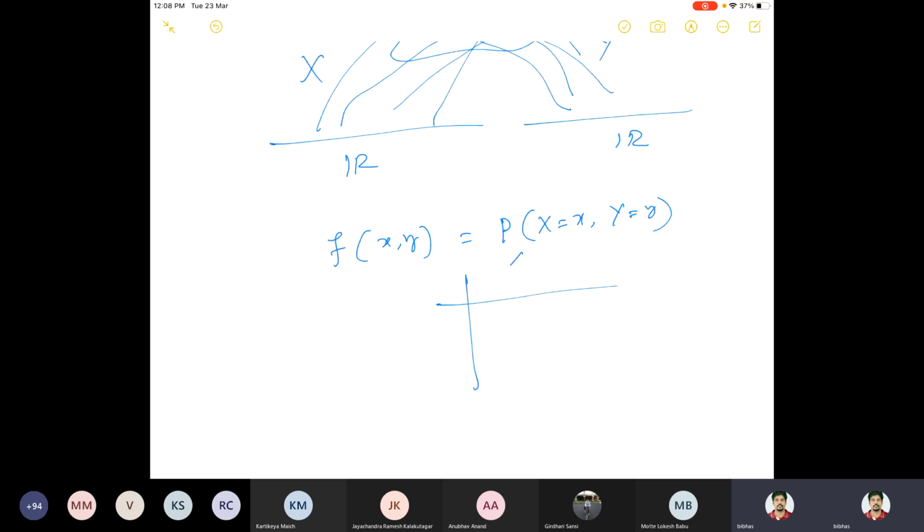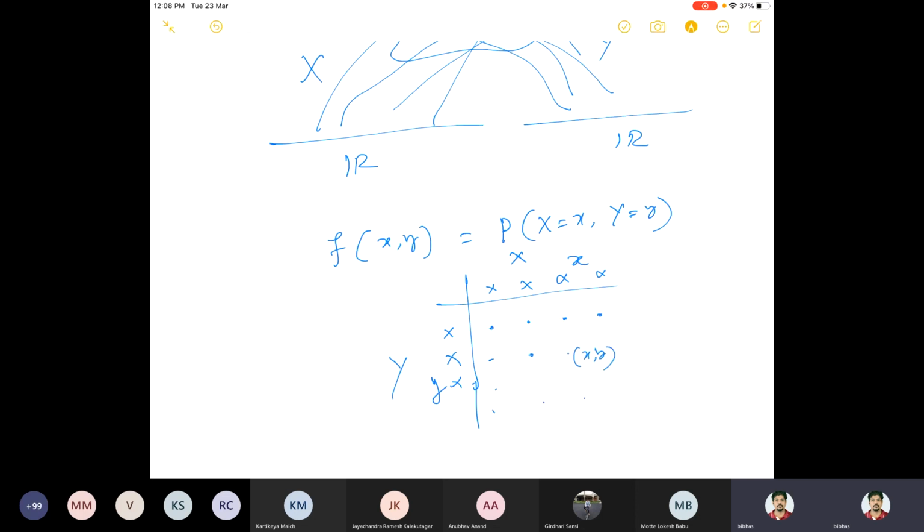Let's say these are the corresponding values of x, and these are the corresponding values of y, and then we can have the corresponding points here, x comma y. The parameter here is small x, and this parameter here is y. Then any point here is like x comma y.